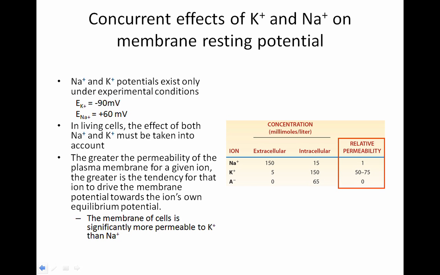So, in order to determine what the resting membrane potential is, we have to take into account not only the equilibrium potentials of each of the ions that we're looking at, but also the degree of permeability of the membrane for those ions. In other words, we have to look at the number of channels. And so for a normal cell, what we'll find is that there are more potassium leak channels, between 50 to 75 more potassium channels per sodium channel. Does that make sense? In other words, we have 2 sodium channels.